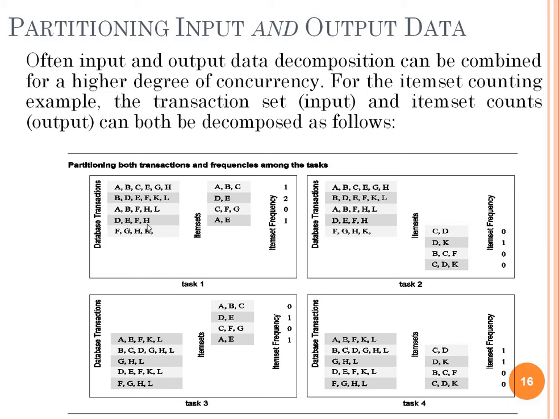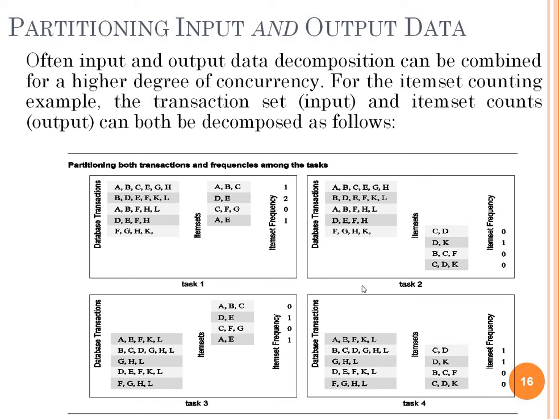We can divide the first 5 rows into task 1 along with half of the item sets and their frequency. Similarly, the next rows, item sets and their frequency form another task. Similarly, we can perform the decomposition of input and output.